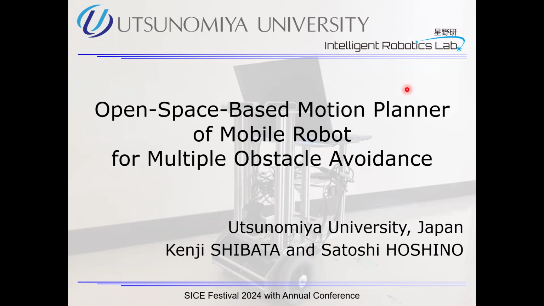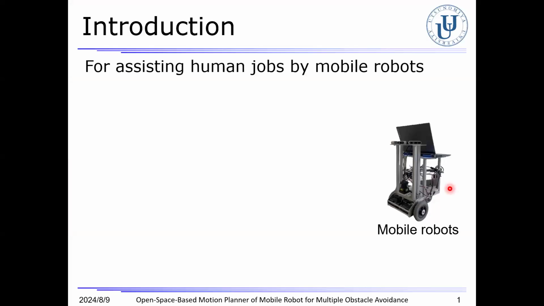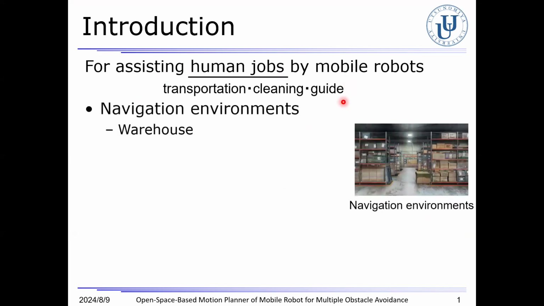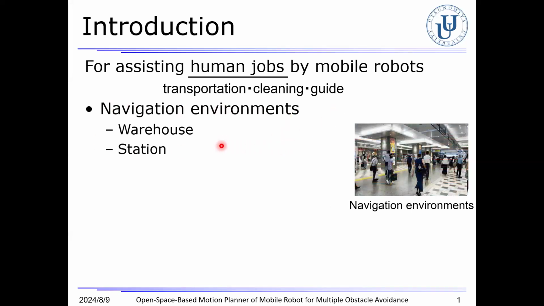Today, I'm going to talk about open space-based motion planner of mobile robot for multiple obstacle avoidance. In recent years, mobile robots have been assisting human works, for example, transportation, training, guide, and so on. The robots need to move autonomously in warehouses, train stations, and airports.